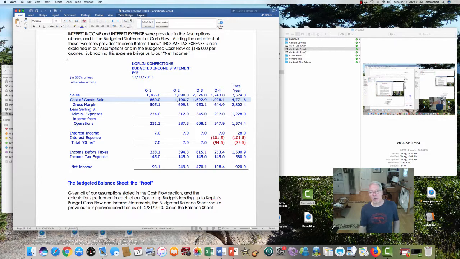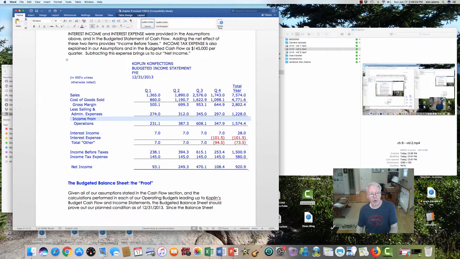Easy. Take the number of units from the sales budget. That is the cost we have to match. Take that number of units times $4.41, and that's where we get that line that says cost of goods sold. The cost must follow the sale. Okay? We subtract one from the other and get gross margin, as you'll recall. Okay, that is just a subtotal.